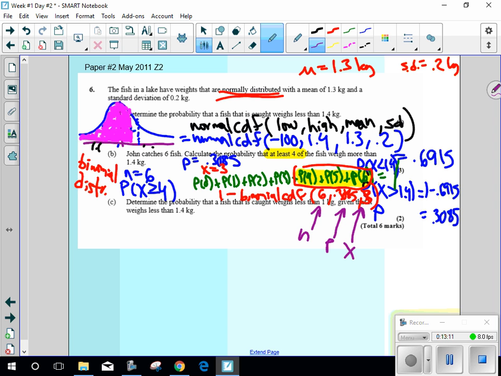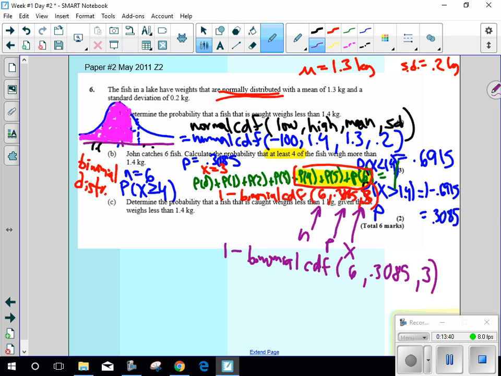Are we clear on the greater than or equal to 4 thing? How to do at least? Does it or does it not help to write these out? Helps. Do it. If it helps, do it. I need your calculator help then. What is 1 minus binomial CDF 6 comma 0.3085 comma 3?